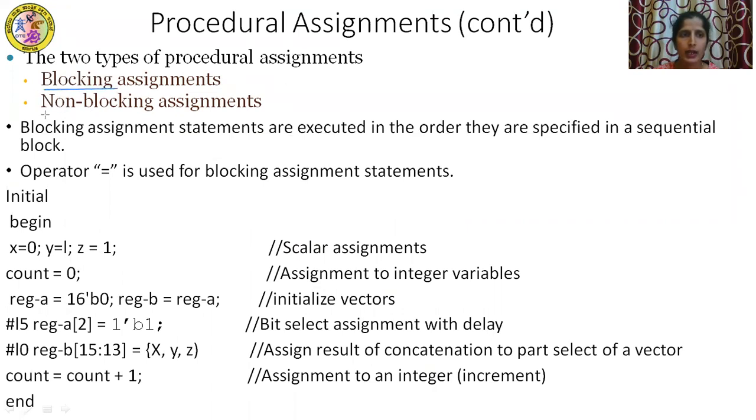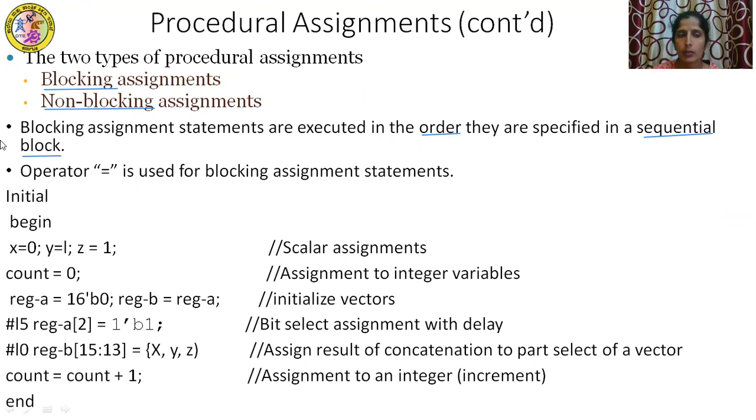Let us know in detail about blocking assignment statements and non-blocking assignment statements in Verilog. The blocking assignment statements are executed in the order they are specified in a sequential block. That is, they will be executed one after the other.